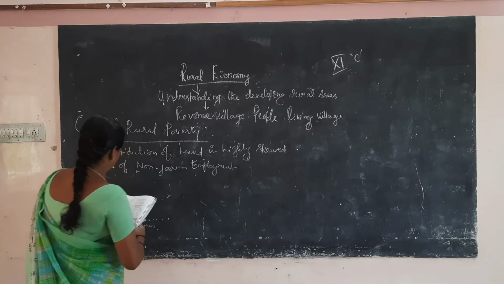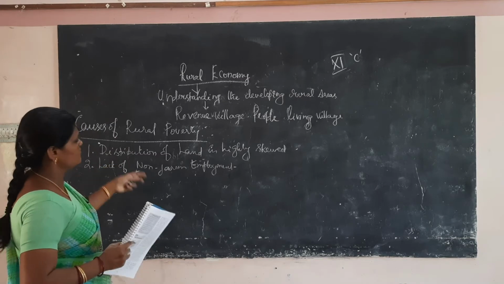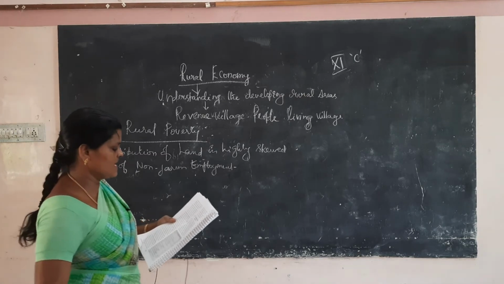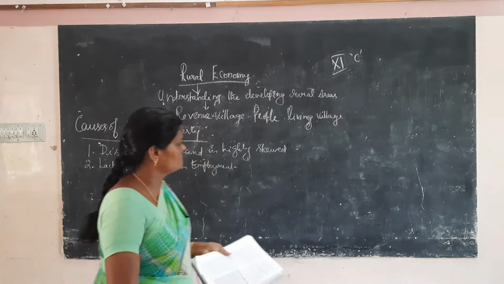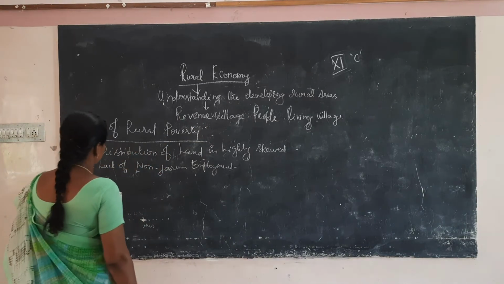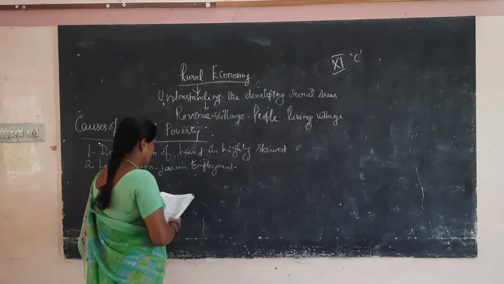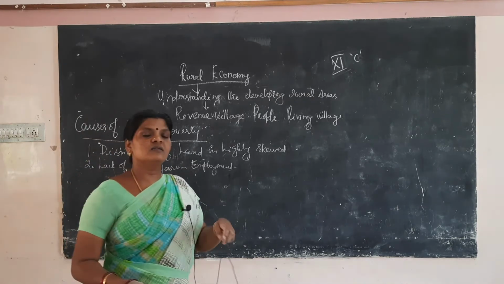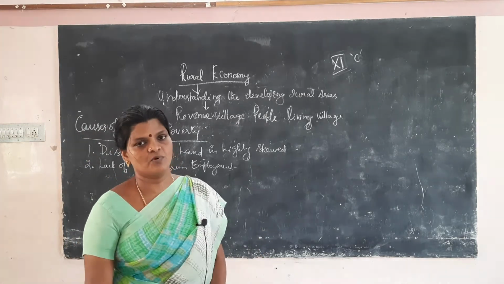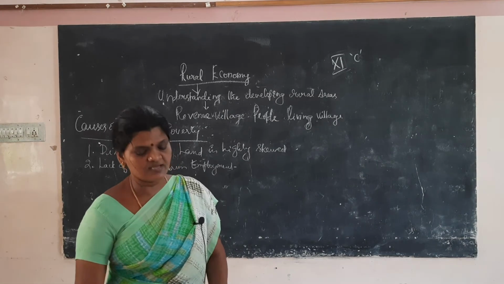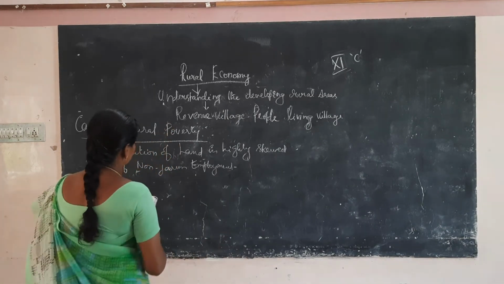Here the lack of non-farm employment does not match the increasing labor force. The excess supply of labor in rural areas reduces the wages of the employees and increases the incidence of poverty.